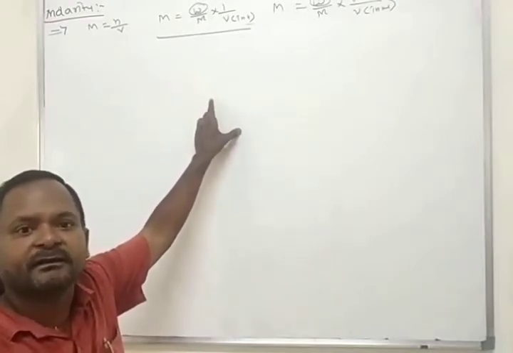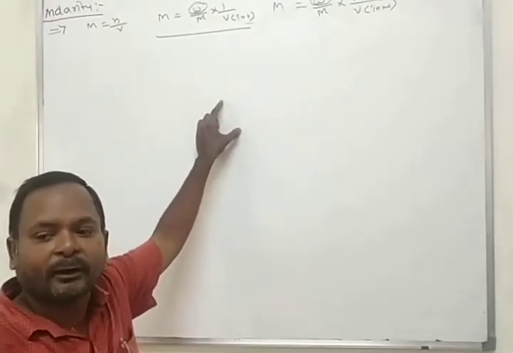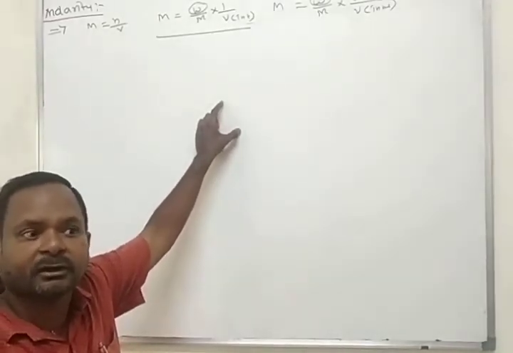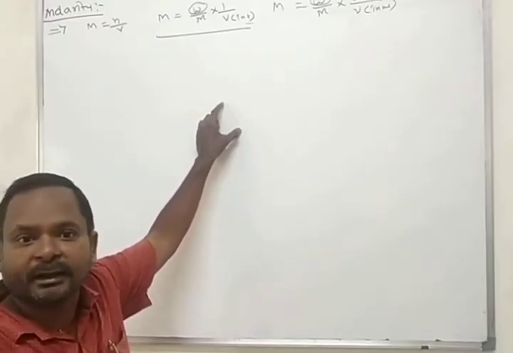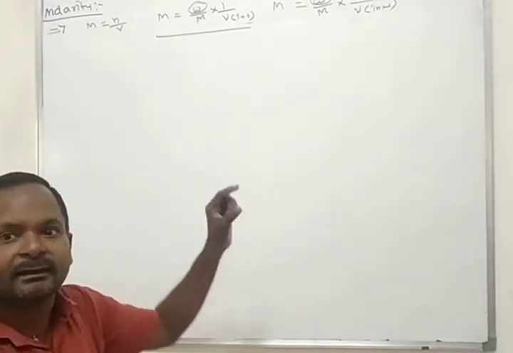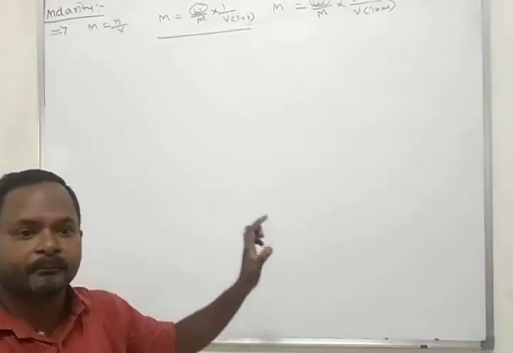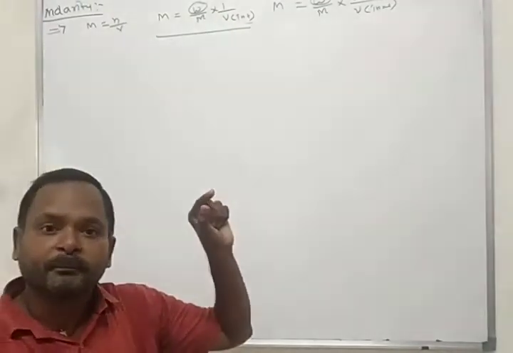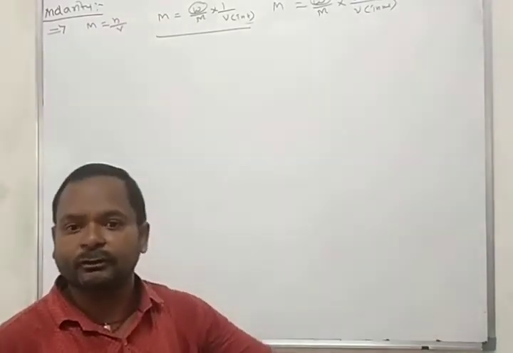For example, a 0.2 M concentrated solution, a 0.3 M concentrated solution. How do we prepare that much concentration? Just we take salt by weight, dissolve it in water, and prepare that concentrated solution.